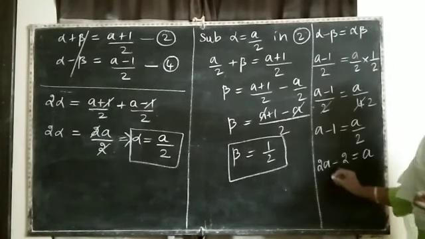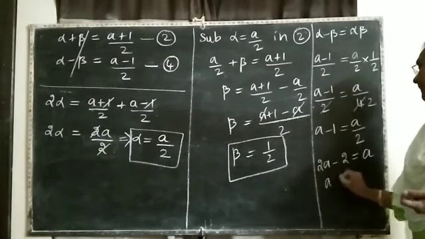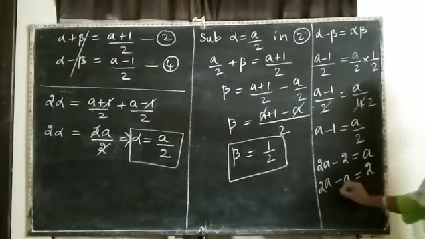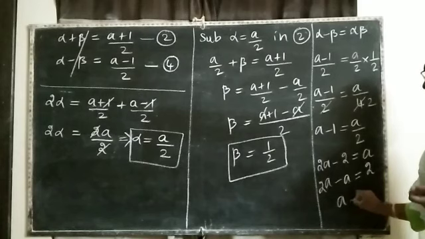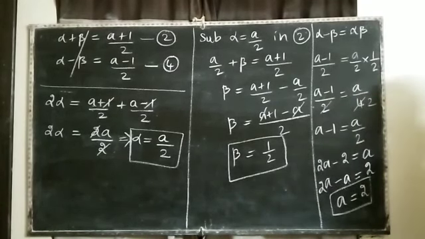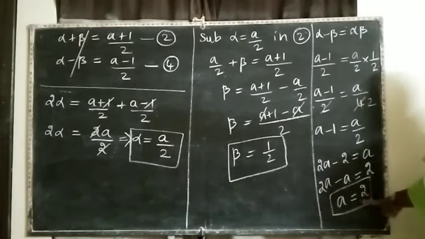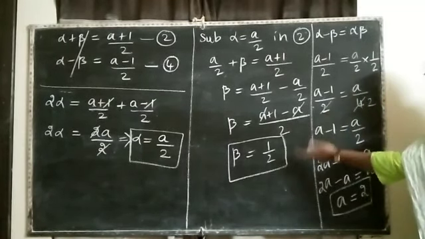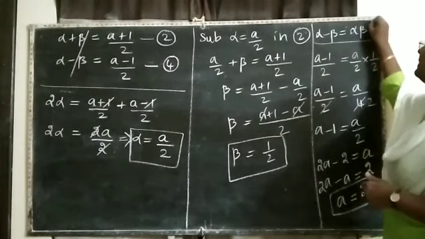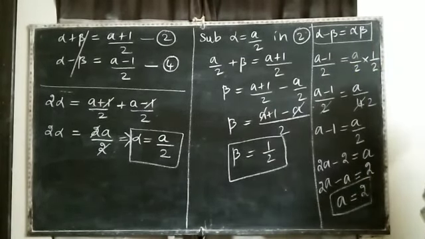So now this becomes 2a minus a is equal to 2. 2a minus a is equal to a, and a is equal to 2. Yes, so we have proved the result a is equal to 2 by finding out the values of alpha and beta using the clue that alpha minus beta is equal to alpha beta.